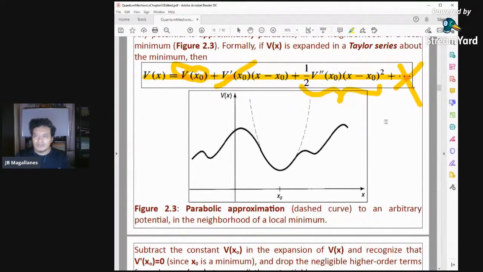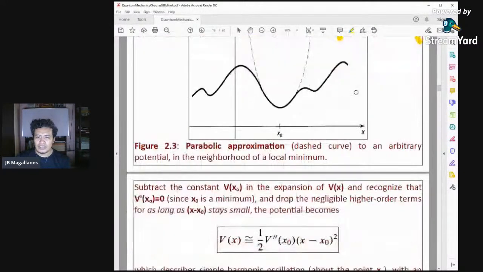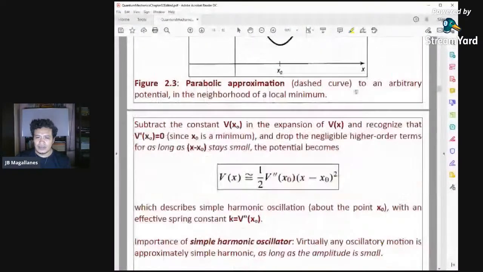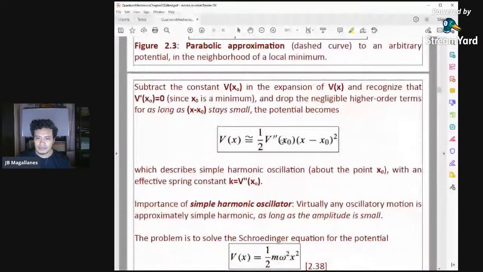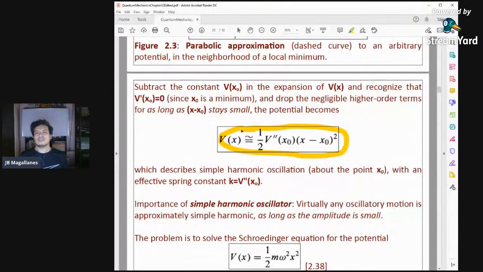this one. This is now the potential, our approximate form of the potential.